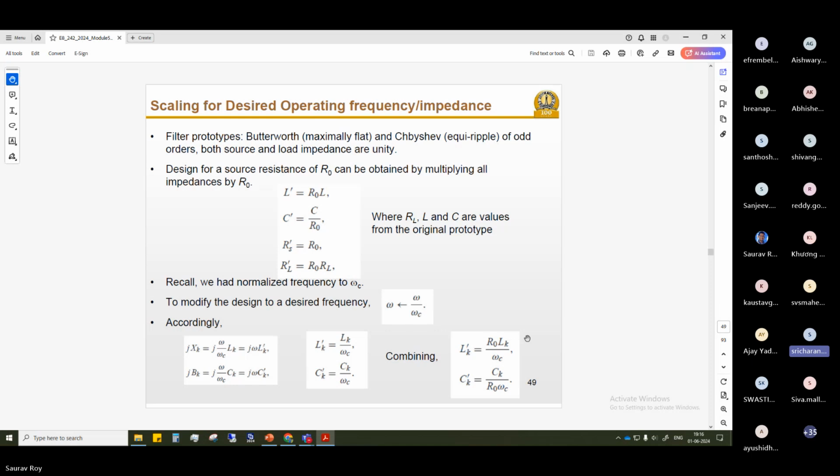I have a doubt. If we see LK dash is equal to R naught into LK by omega C, in that case, if we see the units, it's a multiple of ohms with the Henry, and again you are dividing with the frequency. So can we say that the units on both left hand side and right hand side will agree finally?